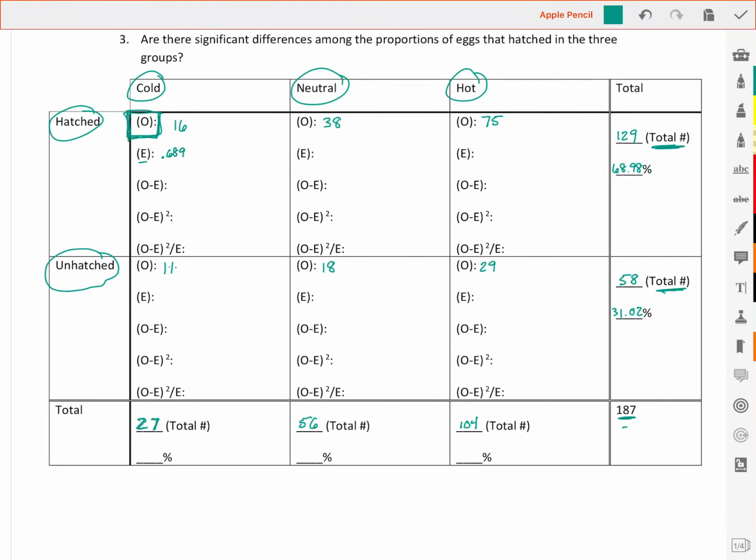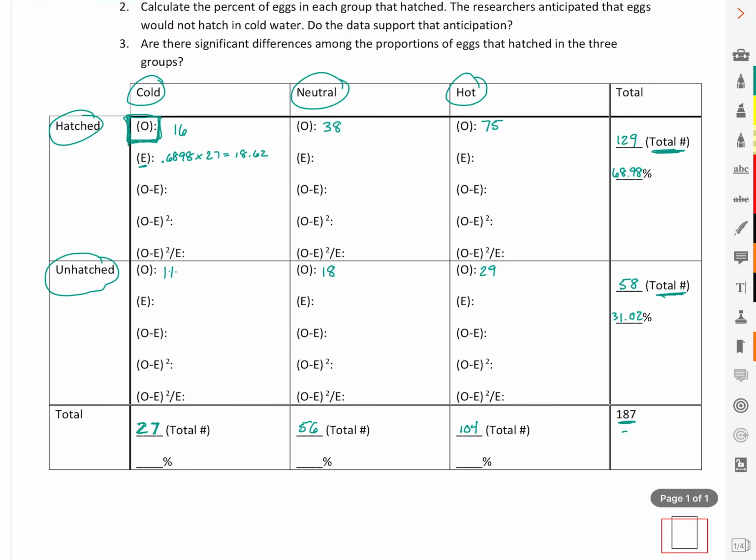So I do 0.6898 times the total number of cold eggs, which is 27, which gives me 18.62. My expectation is 18.62. So I observed 16, I expected 18.62.